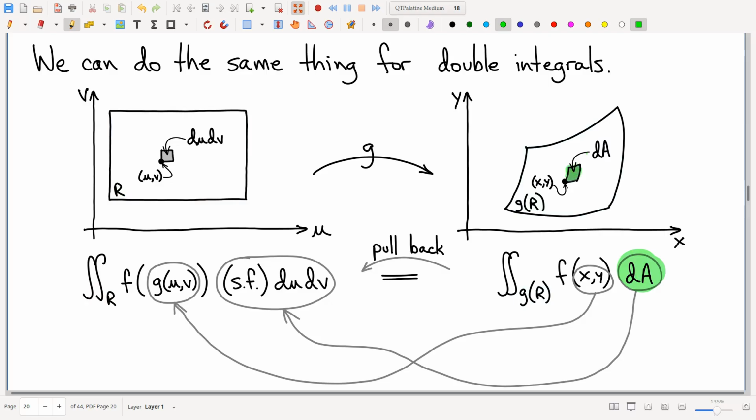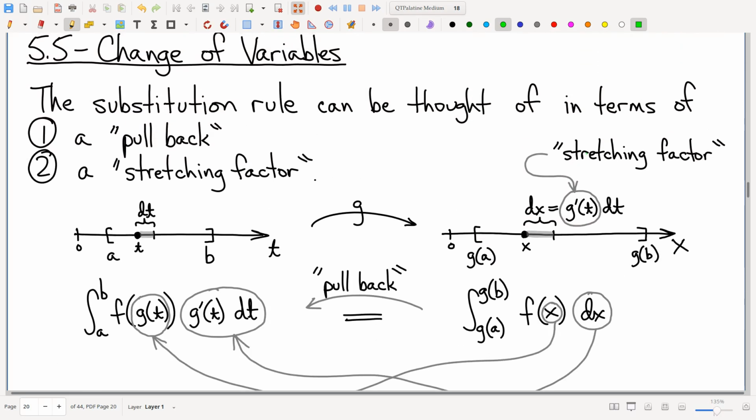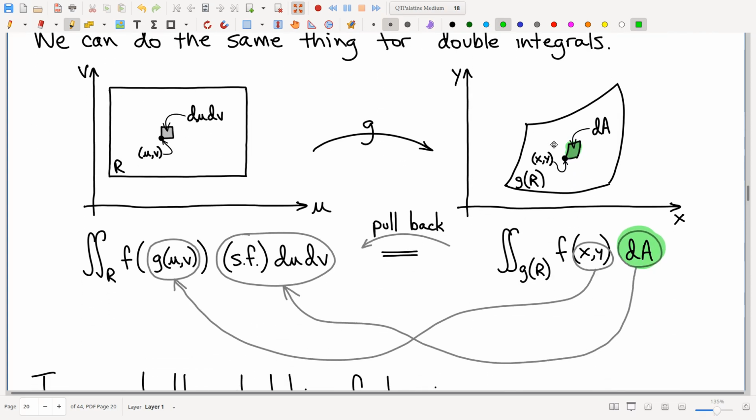And the big idea is to recognize that that little piece of area, just like up here, this little piece of interval, this little length, was a stretched result of this little piece of length on the left, and we found our stretching factor by hook or by crook, but the details aren't relevant there. So likewise, that is also going to be a stretching, the result of a stretching of this little piece of area whose image it is.